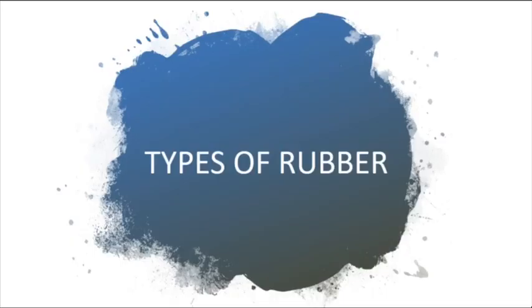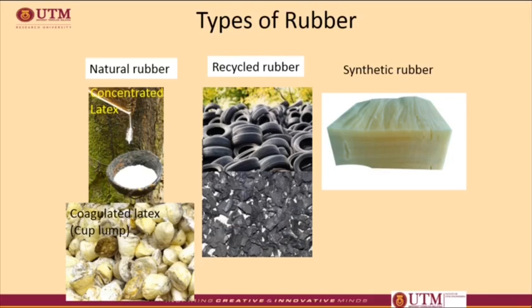Okay, let's have a look at the different types of rubber available or previously used in asphalt mixture. If we talk about rubber, it can be categorized into different types. Natural rubber contains rubber particles, water, and contaminants extracted from the tree.